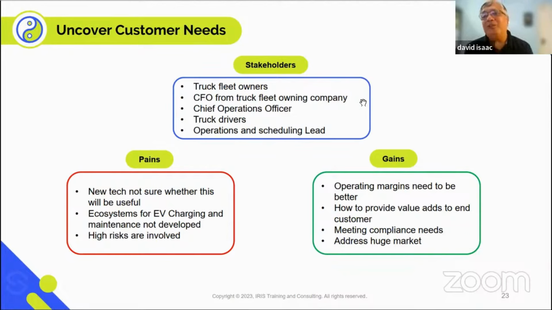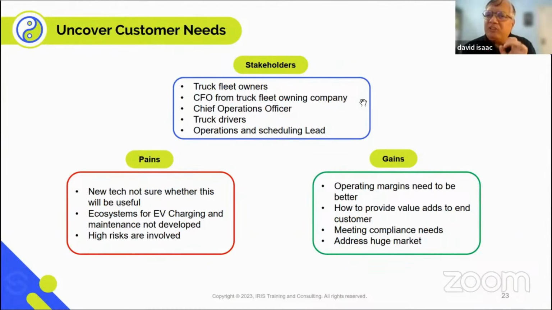Those are positives. So for the EV vehicle manufacturer, it's not only the vehicle. You realize immediately that it is not only the vehicle design and the capability, power and efficiency of the vehicle. It is also how you are going to provide the solution that addresses the pains and gains of the stakeholder.